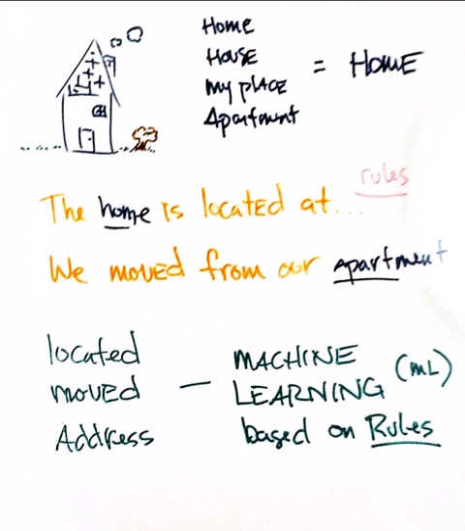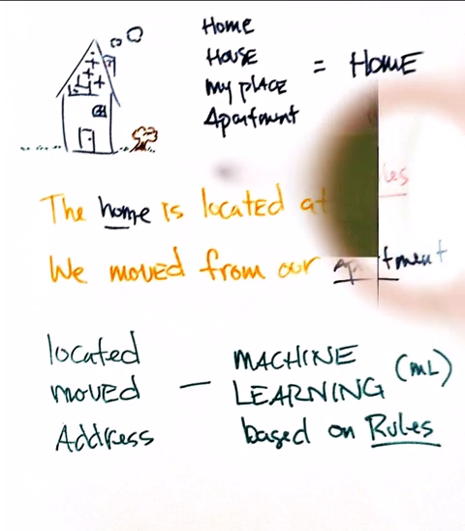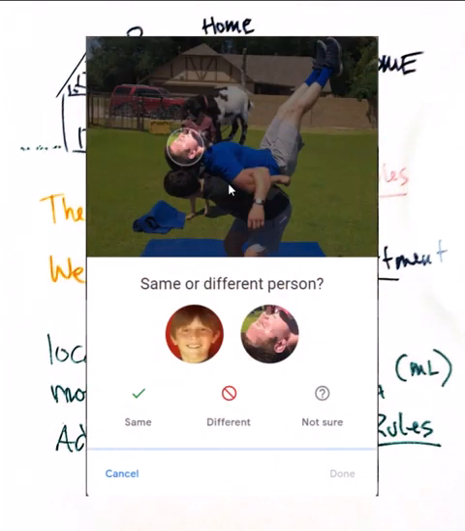One last example of machine learning would be Google Photos. Google Photos has a great feature. I'm sure other products do as well. Certainly not an endorsement of Google Photos, but I certainly enjoy their product. When you have your Google Photos, it's awesome the way it finds pictures of other people, right?